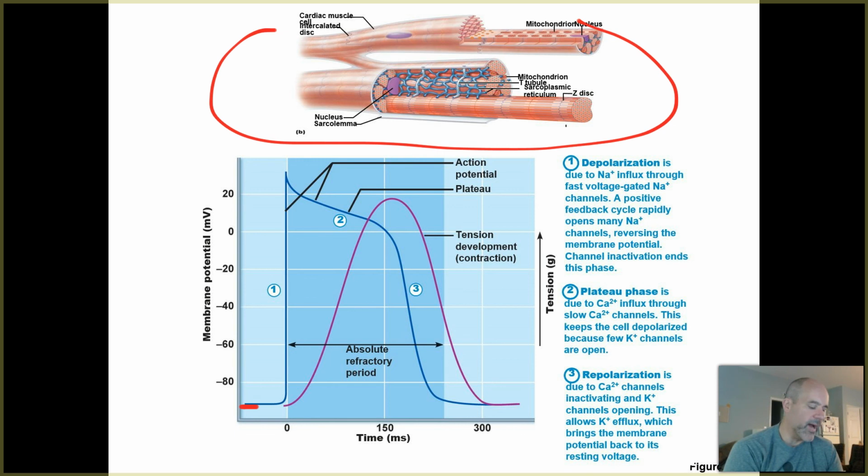Down more like -90 is where they start out, with -90 millivolts, and then you have this depolarization that takes place. So the voltage across the membrane goes up to +20 temporarily. Then you kind of have this slow repolarization that takes place at first, and then it goes back down more quickly, back down to -90.